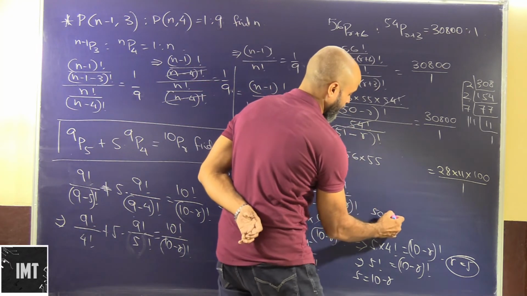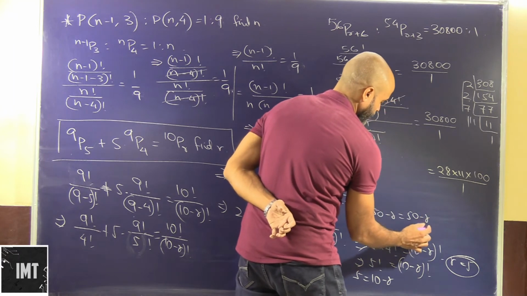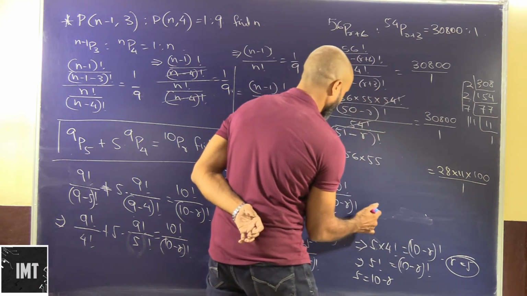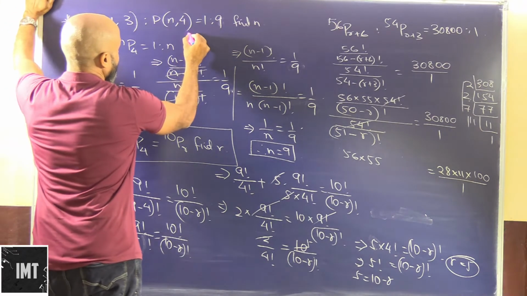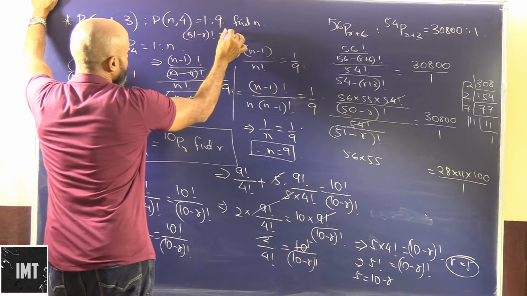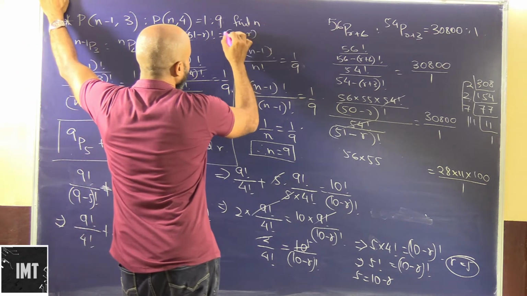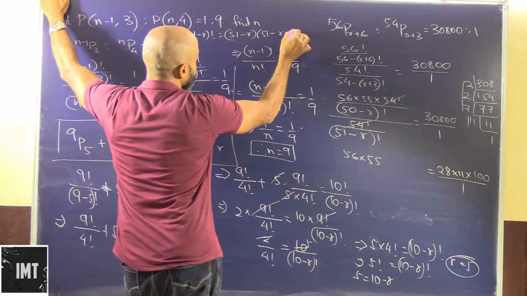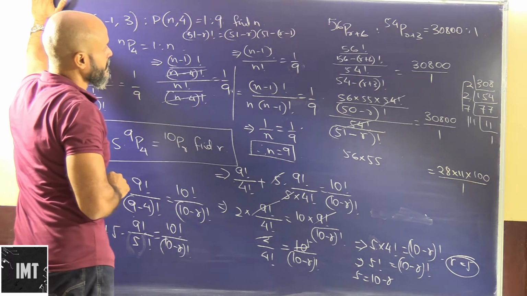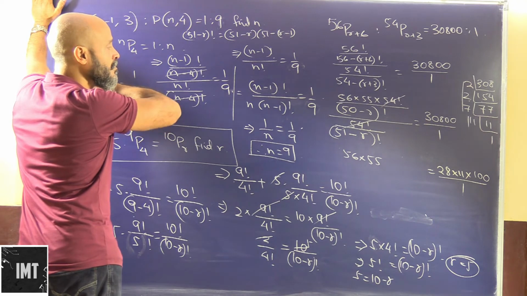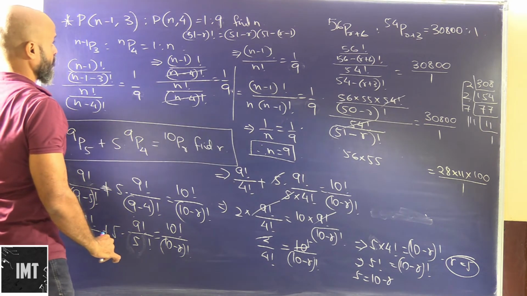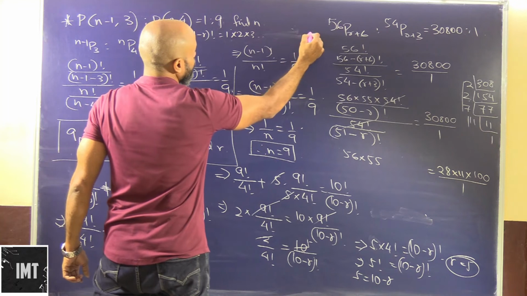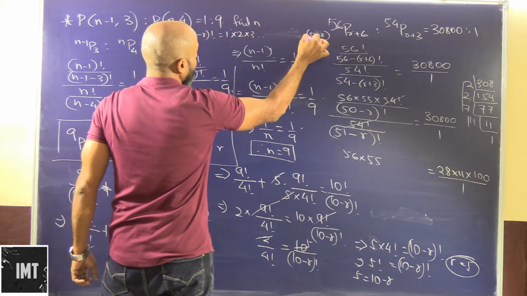So 51 minus r factorial will be equal to 51 minus r into 51 minus r minus 1. 51 minus r factorial basically means 1 into 2 into 3 up to 51 minus r.